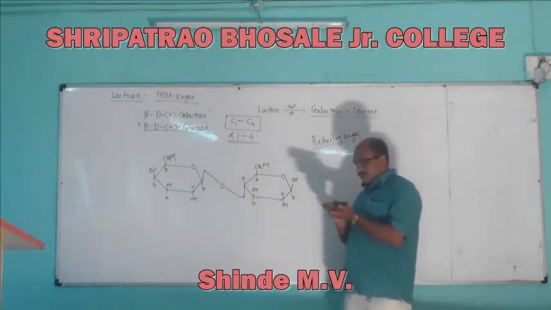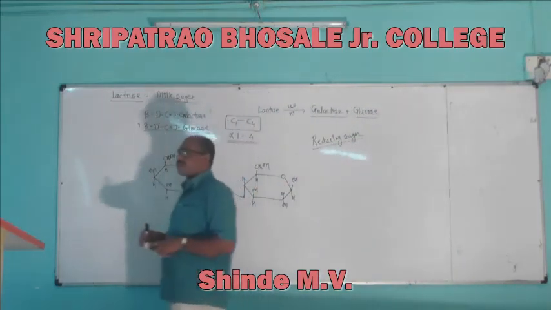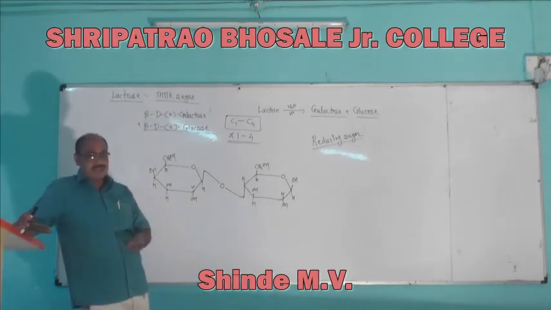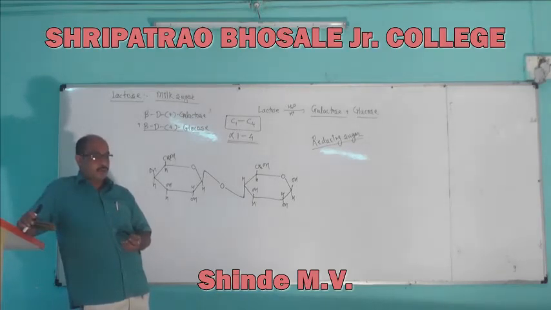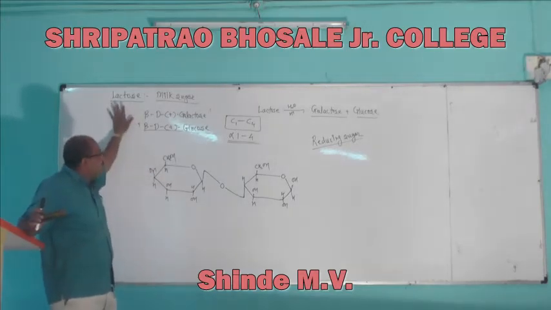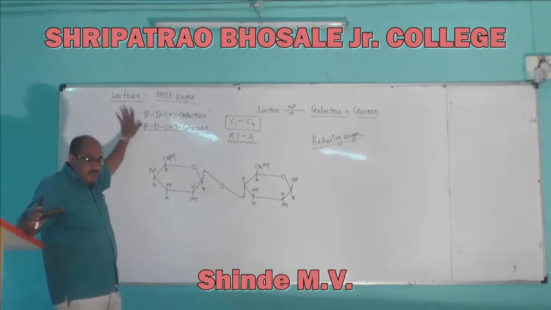So these are some disaccharide molecules which we studied in the lecture. We studied the disaccharide sucrose, which is a combination of alpha D glucose and beta D fructose. We studied maltose, which is a combination of two molecules of alpha D glucose, and lactose, commonly known as milk sugar, which is a combination of beta D galactose and beta D glucose.